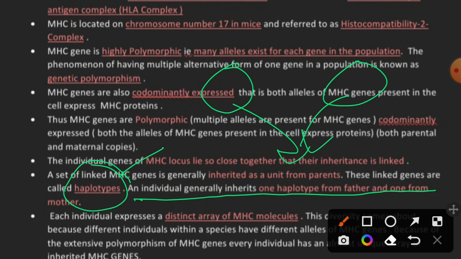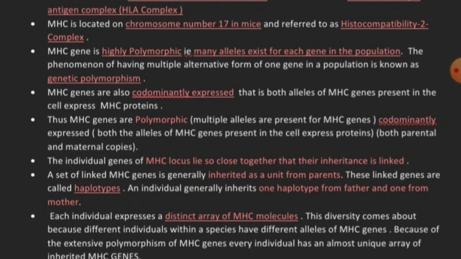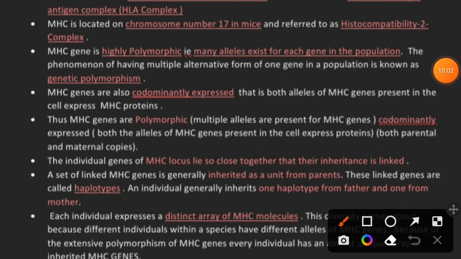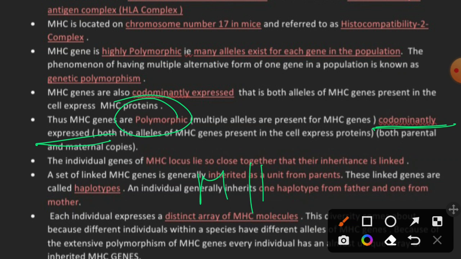So we have learned three important things about MHC genes. One is that MHC genes are polymorphic, that means they have multiple alleles. Second, they are codominantly expressed, that means both alleles will be expressed and give us the MHC protein. And third, they will be inherited together if they are closely situated, because remember, linked genes will always be closely situated.